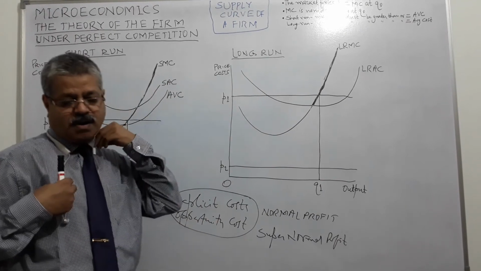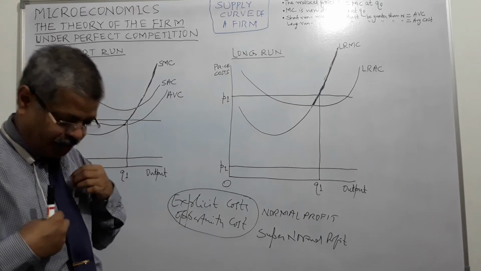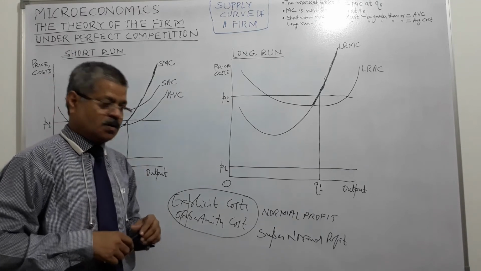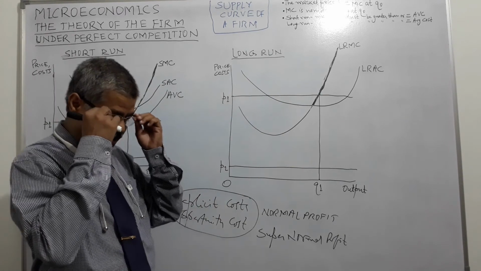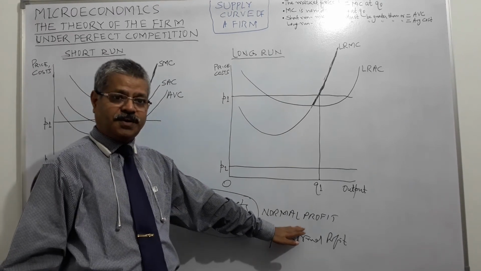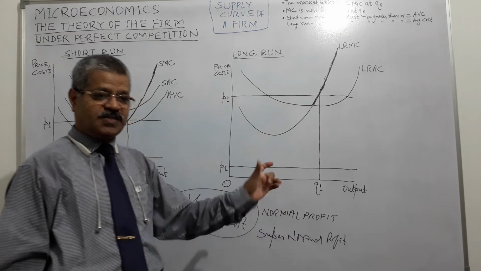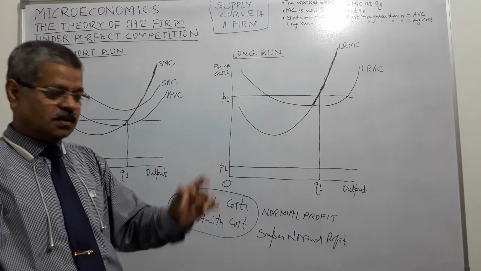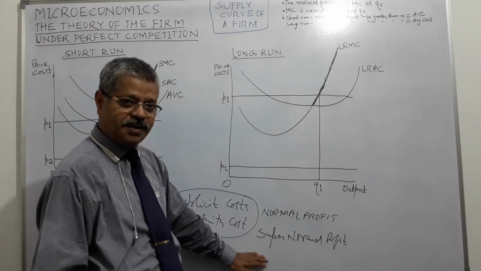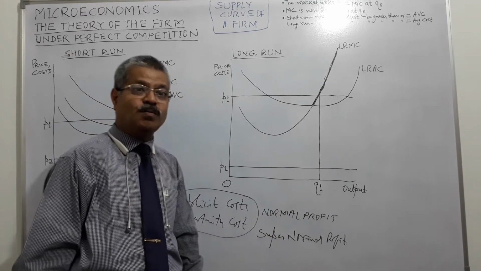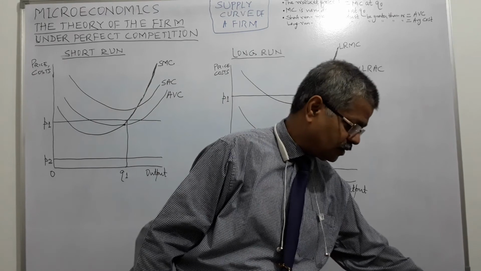If as a firm I am able to recover explicit cost as well as opportunity cost, that is called normal profit, means zero level of profit. And when a firm earns more than normal profit, that is called supernormal profit, right?